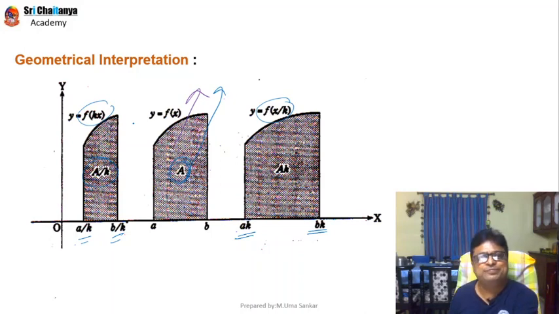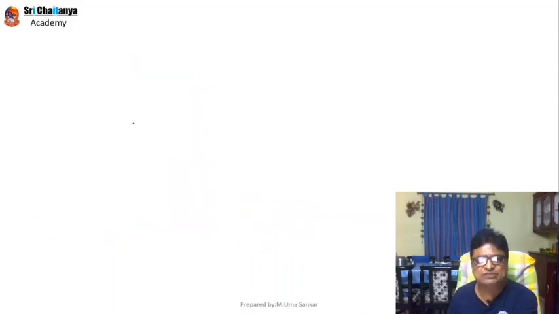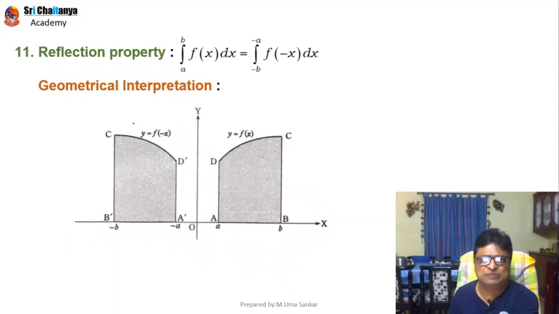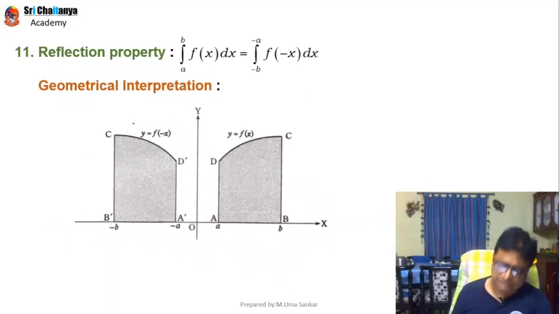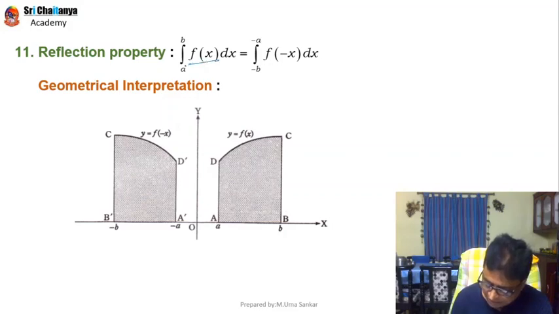Now, coming to the last but one in this session, that is the reflection property. Why is it called reflection? Because here the property itself has the functions f of x and f of minus x, and you know very well, y is equal to f of x and y equal to f of minus x, what are they?